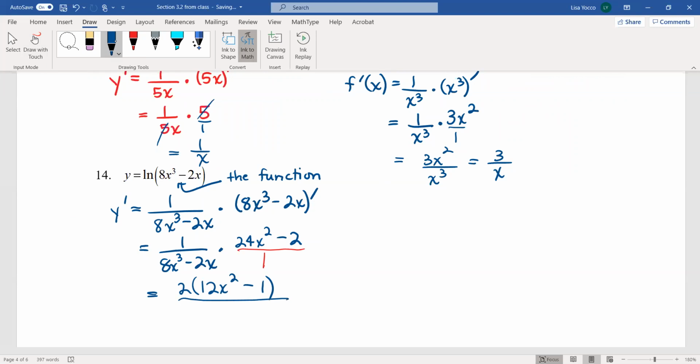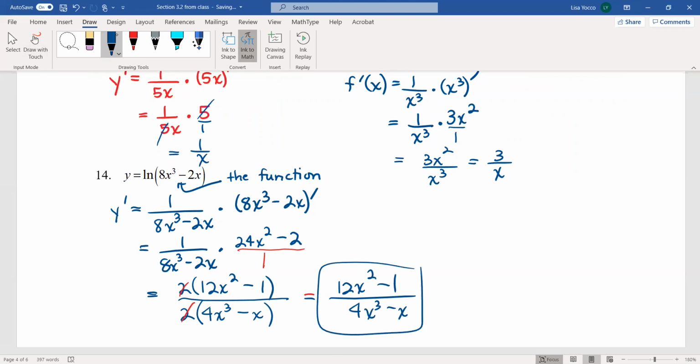And the denominator, 2 factored out of 8x cubed is 4x cubed. And then 2 factored out of 2x leaves x. So that, like I said, now I can cancel the 2's. And there's my final answer. There's nothing else I can do to that.